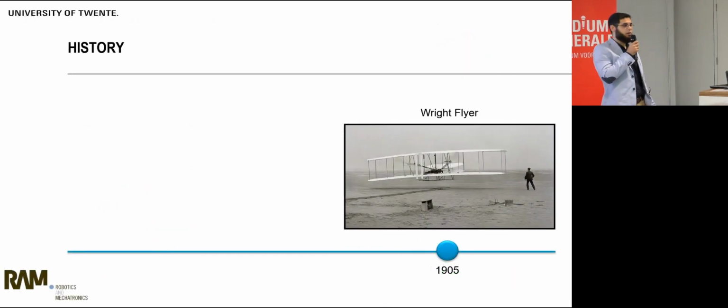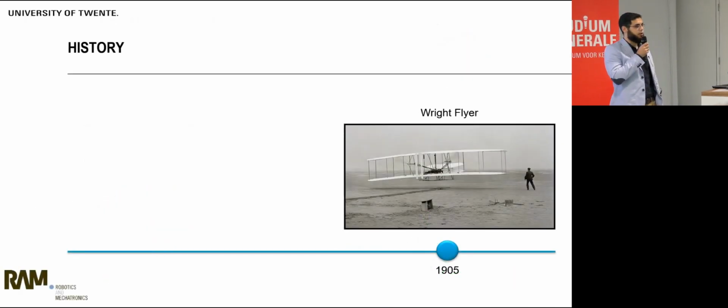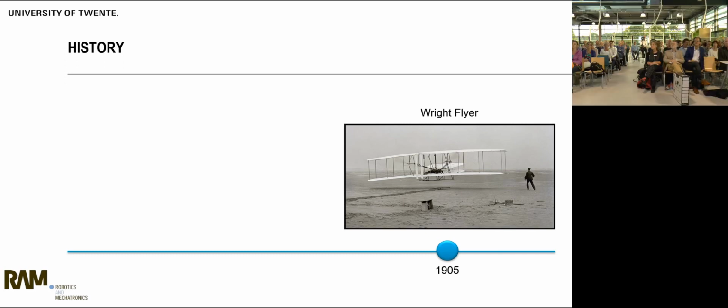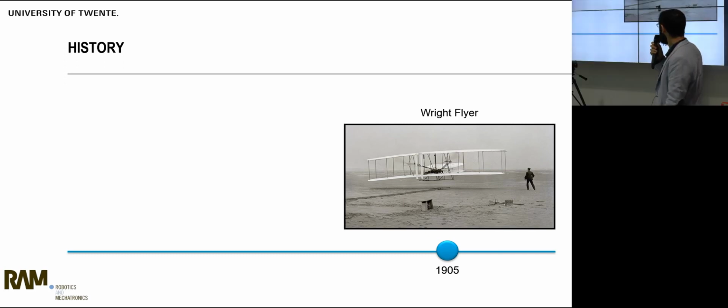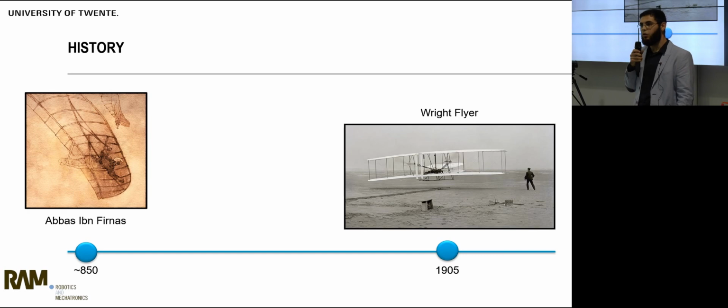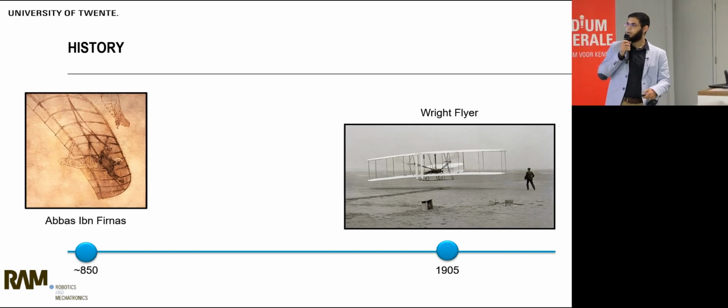Since the very earliest civilizations, human beings have been dreaming about flying. And the story of flying machines started way before the Wright brothers were able to perform manned powered flight in 1905. One of the earliest attempts at flying was with gliders and was recorded for Abbas ibn Firnas, one of the Andalusian inventors in the Islamic Golden Age, I think it was in the 9th century.